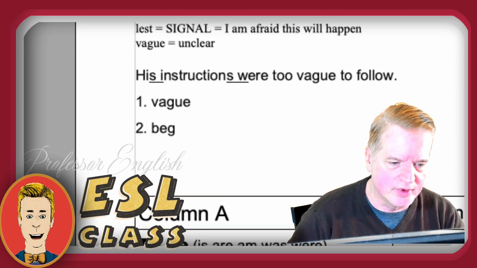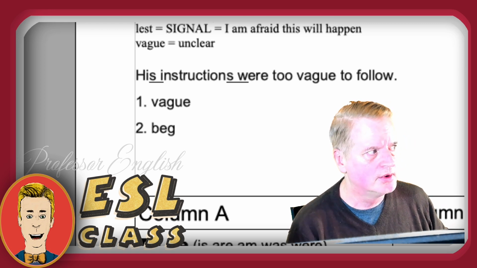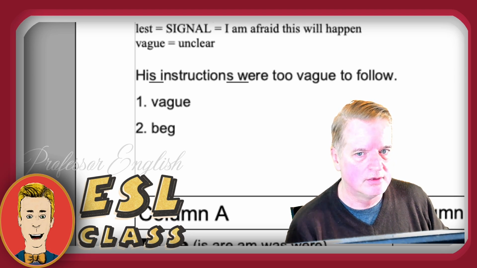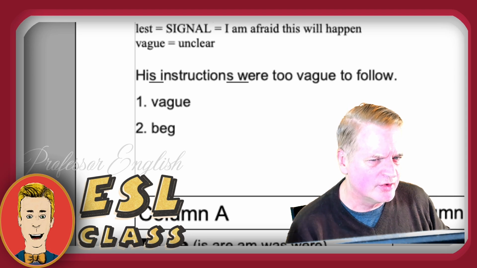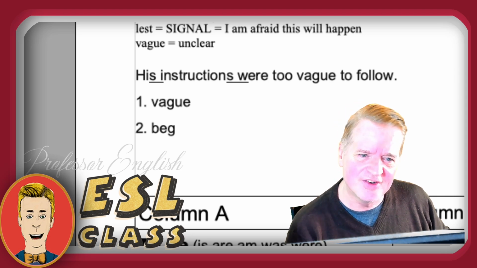Can you see the two words that I have put up on the screen, number 1 and number 2? Yes. How do you pronounce number 1? Vague. How do you pronounce number 2? Big. You hear the difference?